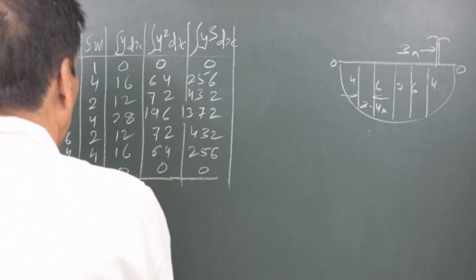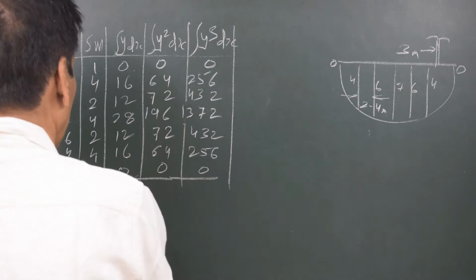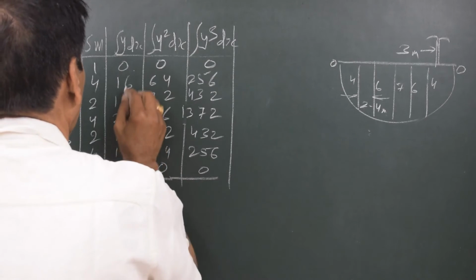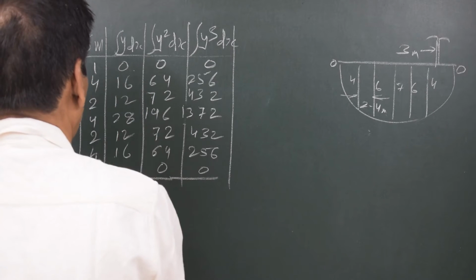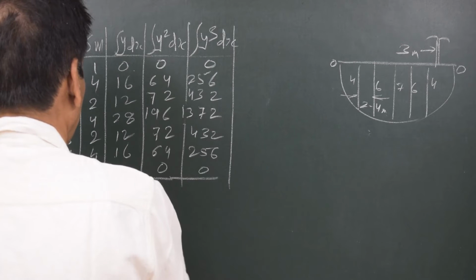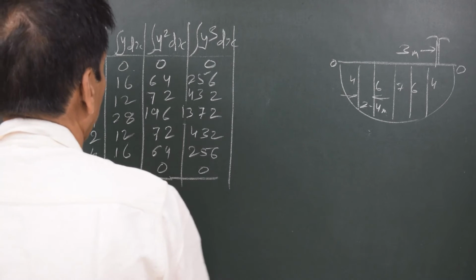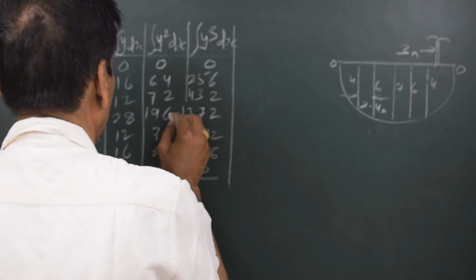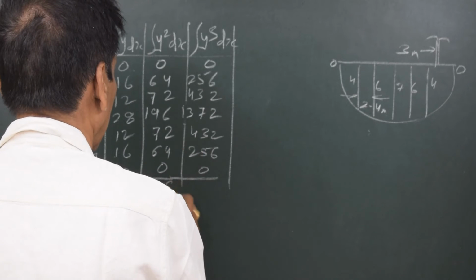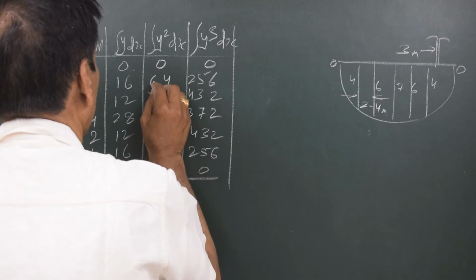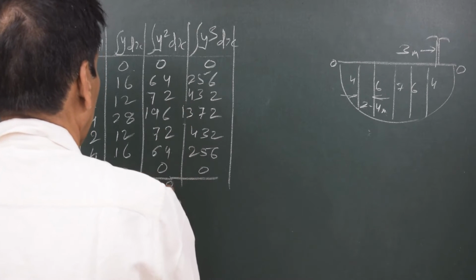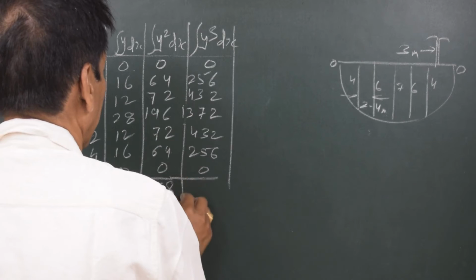Let's find out what is sum 1, sum 2, and sum 3. Sum 1 is 84. Sum 2 is 468.